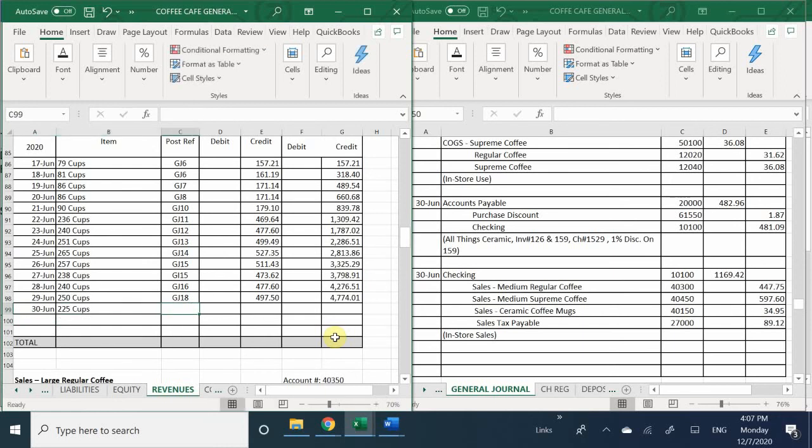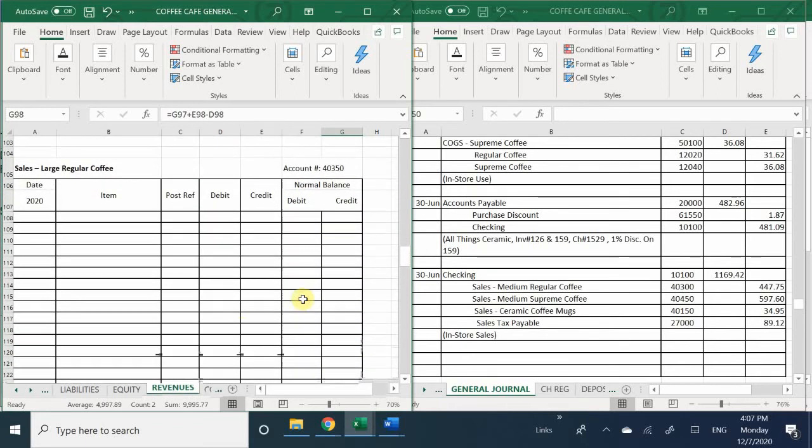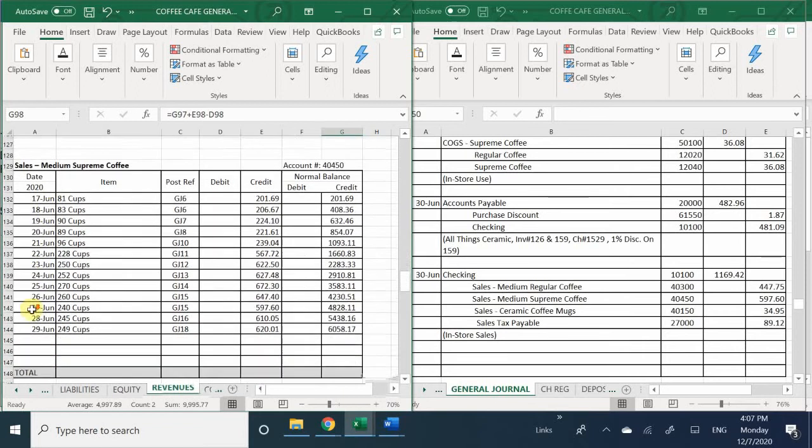The amount was $447.75, which brings our new balance to $5,221.76. Sorry, can you repeat that again? $5,221.76. Good. All right, so I was behind you by a millisecond.